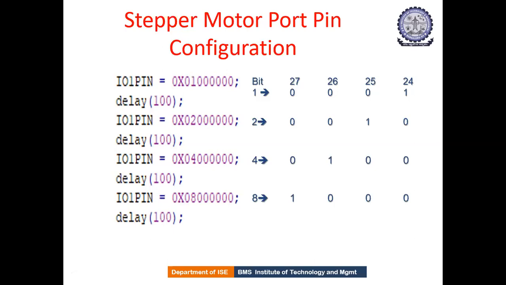Again you make the 25th bit high, and again you provide some delay so that a discrete rotation will happen from the 24th to the 25th bit. When the 26th bit is made high, a discrete rotation will happen, and when the 27th bit is enabled, a discrete rotation happens.